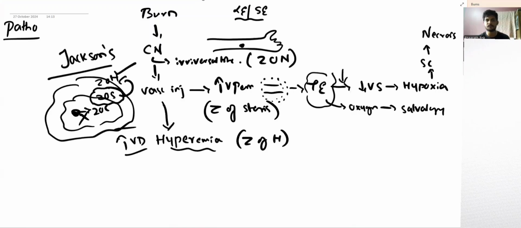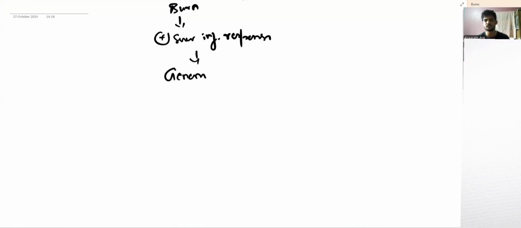Now, what are the systemic effects when there is a burn injury? Whenever there is a burn injury, it activates a severe inflammatory response. The inflammatory response is so severe that within moments it induces something called a genomic storm.